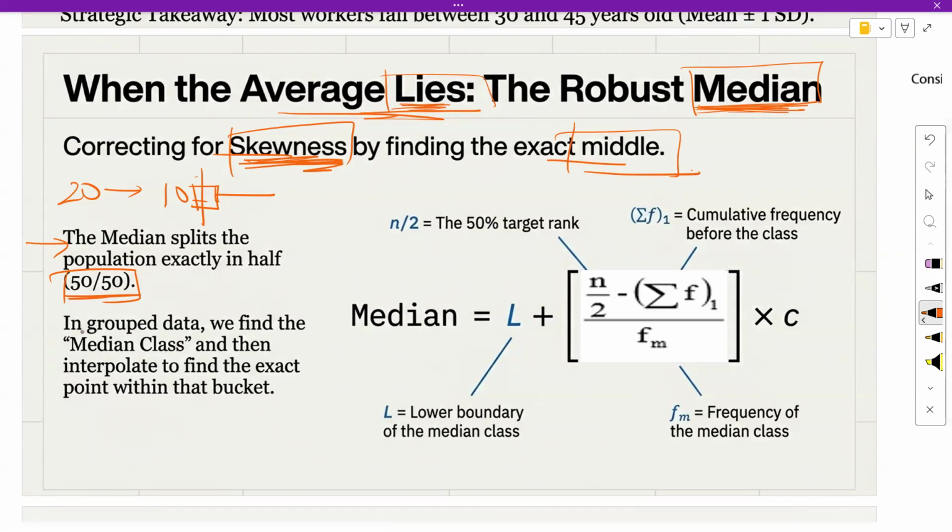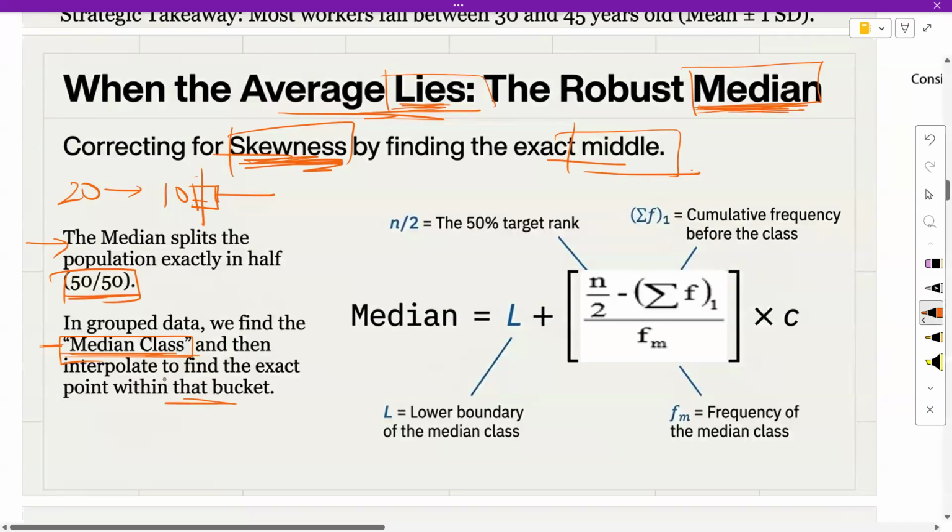In grouped data, we have classes, and normally we take the middle value x, but here we try to find the almost exact median, and then interpolate to find the exact point within the class.